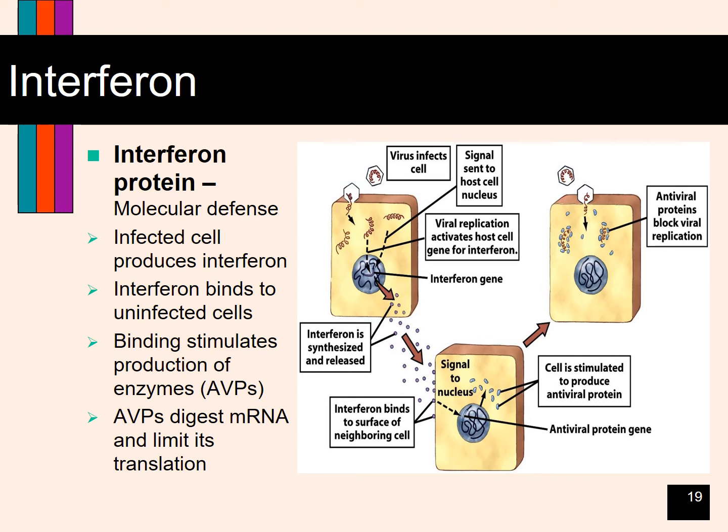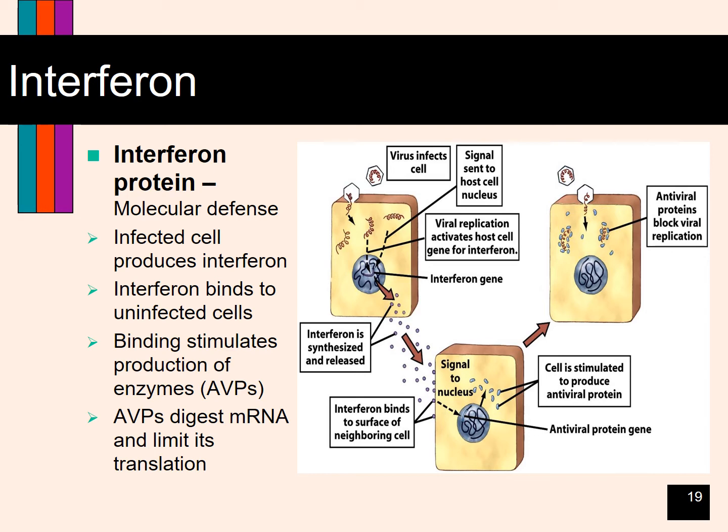stimulates a new signal transduction pathway for those neighboring cells to make an antiviral protein, which is going to fight the viral infection. So in this example right here, binding of the interferon stimulates the production of the antiviral proteins, the AVPs.